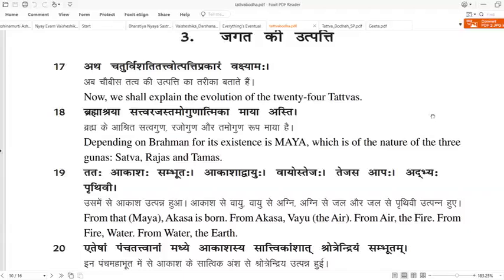These three gunas act upon all the elements of the universe, the five elements. First of all, this Maya creates the five elements. Which one comes first? Akasha. Tataha Akashaha Sambhuta.